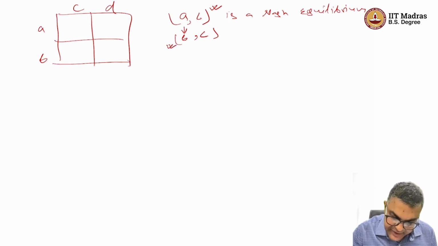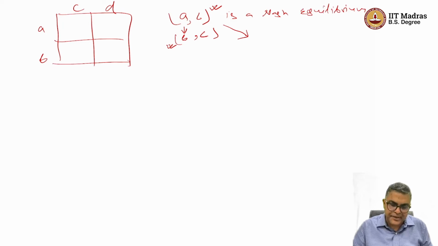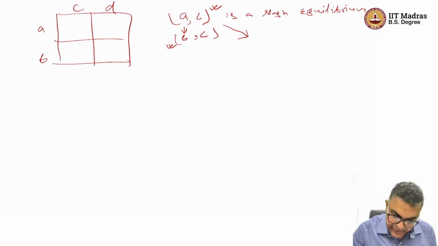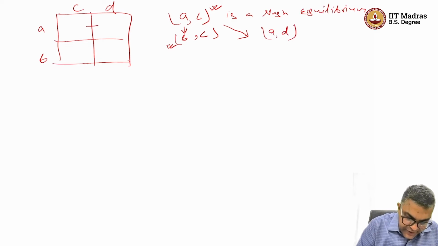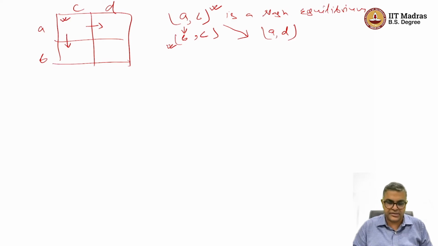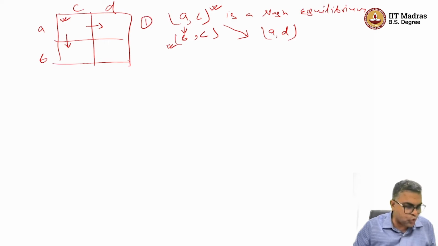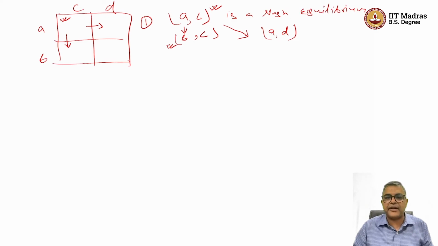Similarly, the payoff associated with A comma C cannot be less than that of A comma D for player 2. Player 2 can deviate here, player 1 can deviate here. So that is one way to go about it: check whether a player can become better off by unilaterally deviating or not.